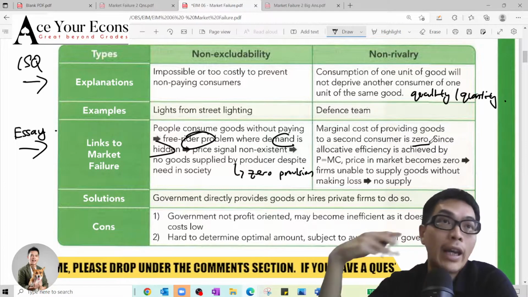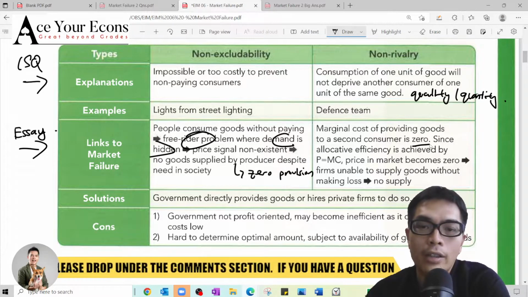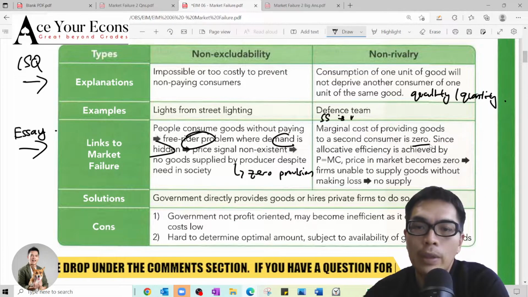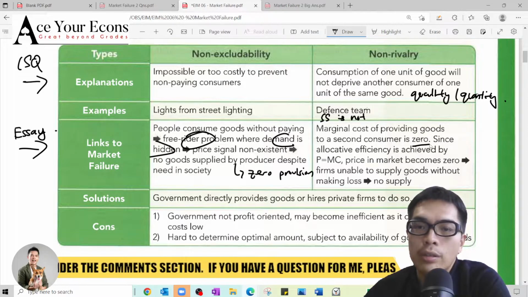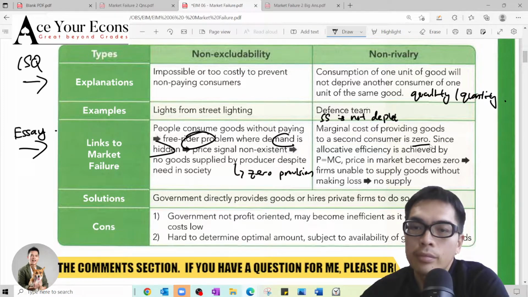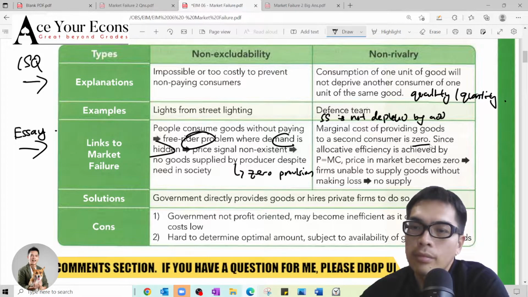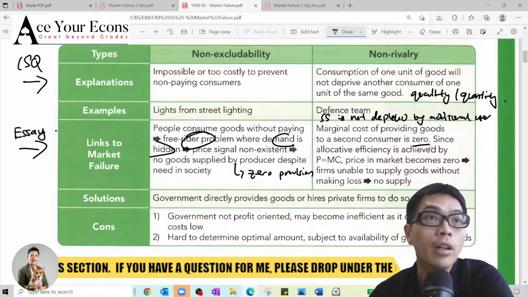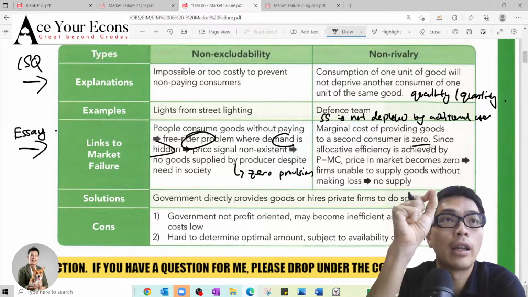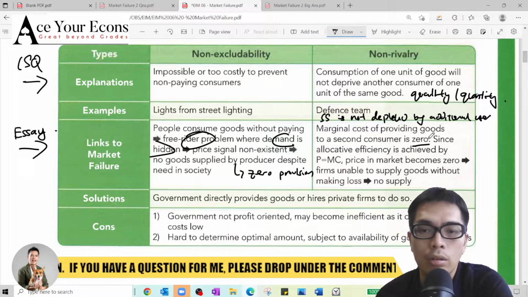So you may want to add this in. Some of the schools use the concept of supply: supply is not depleted by an additional user. Then the marginal cost to allocate the good to an additional user will be zero.